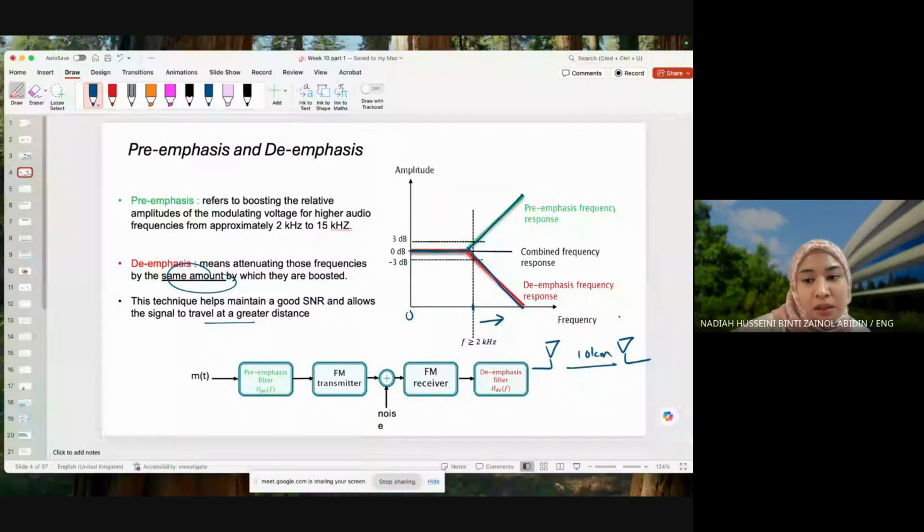But sometimes when there's rain, when there's fog, when you have deforestation, it's very smoky, so there's a lot of particles in the air, it's going to affect your transmission. So instead of 10 kilometers, it becomes maybe 8. This is what happens when we have noise in the medium of transmission. With pre-emphasis and de-emphasis, we get to conserve the SNR so that it remains 10 kilometers or performs better. So this is the function.